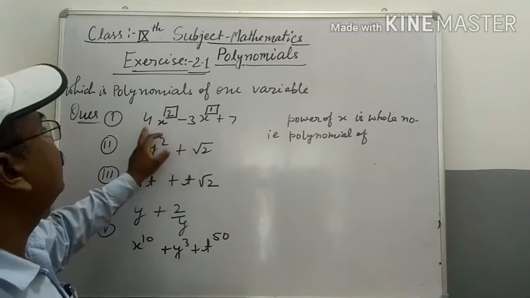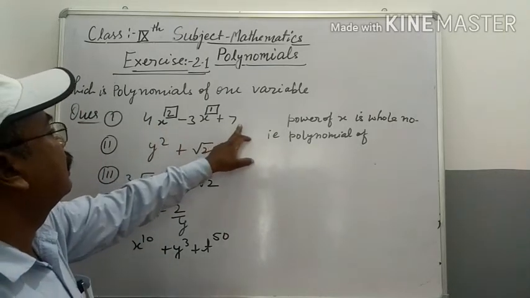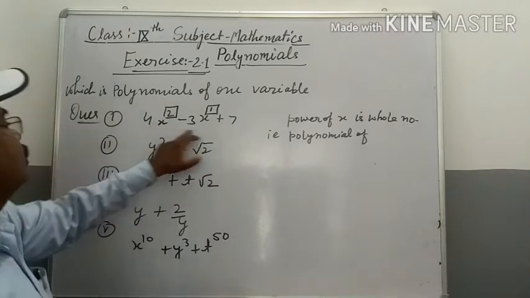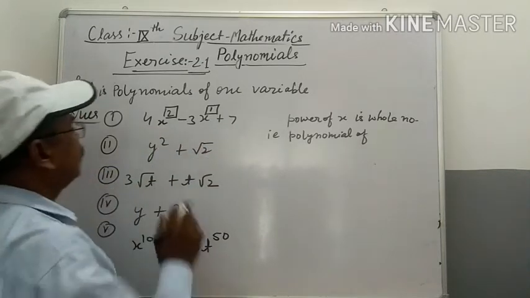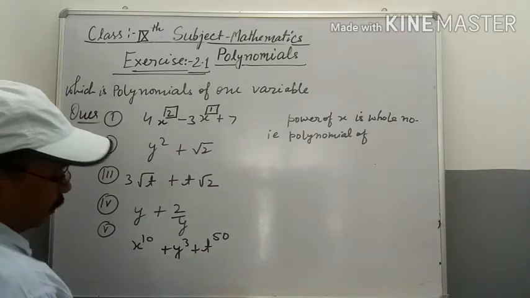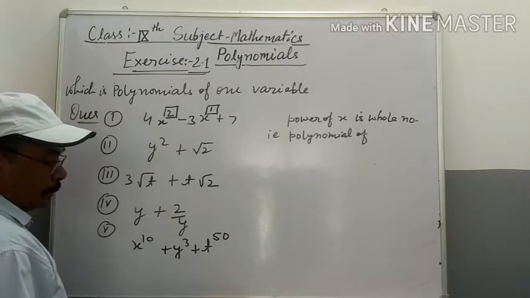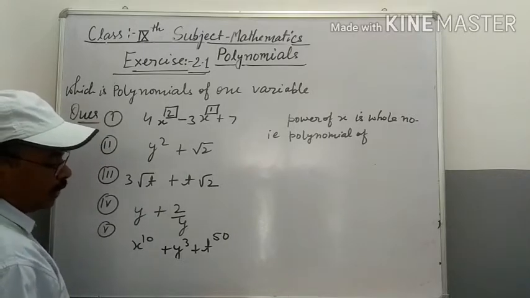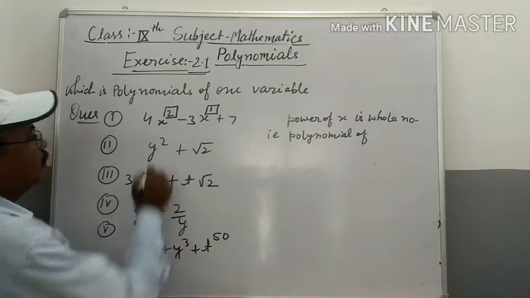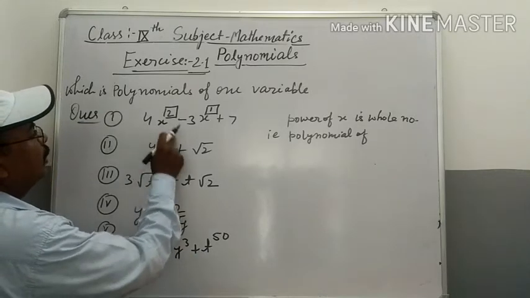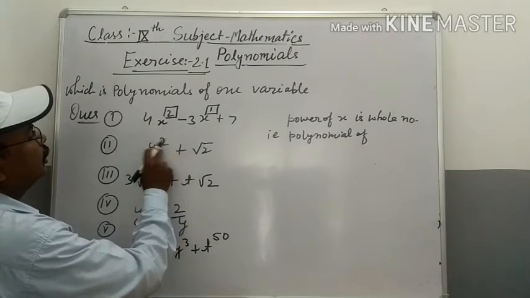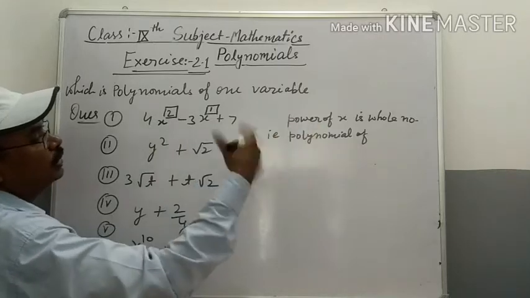Students, your first example of the question is a polynomial. The second one is also. Students, the power of y is a whole number. The power of y, घात, देखो students, that is 1, 2, 3, that is a whole number.